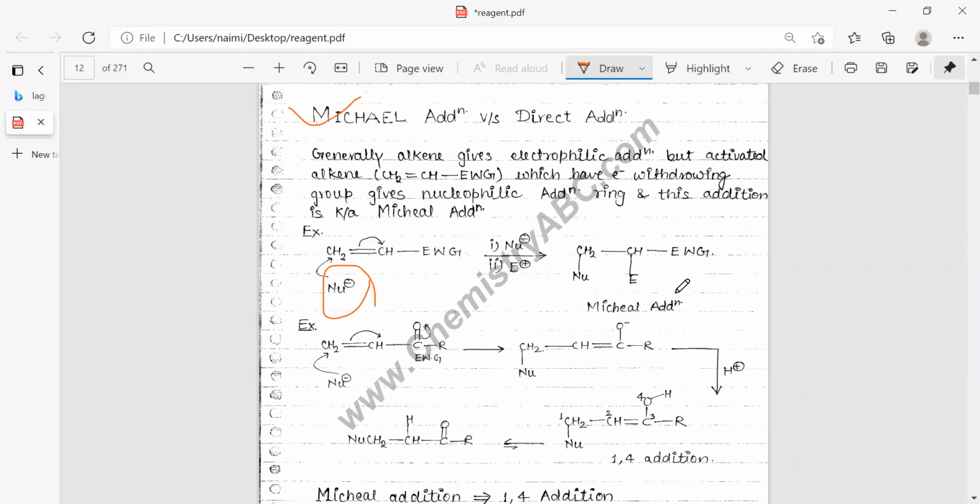After that, the charge will transfer onto this carbon, and since the electron density is much more here, it will further attack the electrophile.